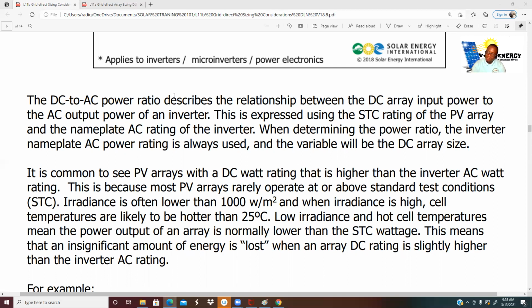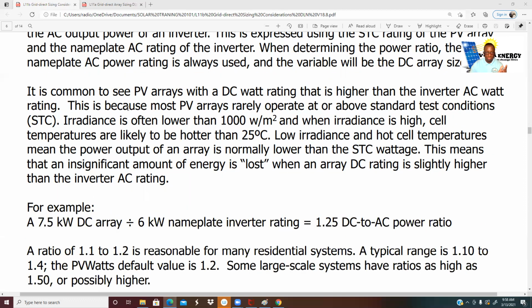Got it? They are saying if your PV array's DC rating is slightly higher than the inverter AC rating, an insignificant amount of energy is lost.